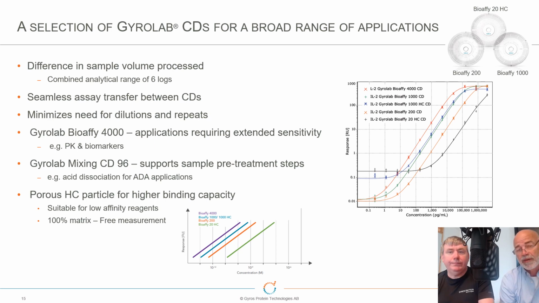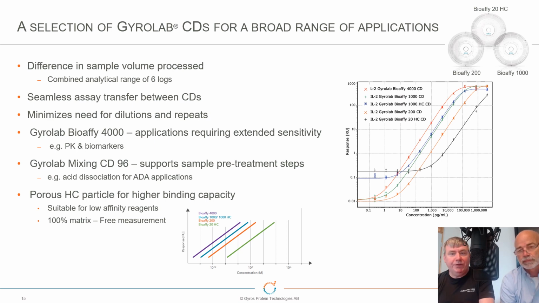We talked a bit about the mixing CD, which is the equivalent of a 200 nanoliter CD, so that would sit in the range where that orange curve is down below. And with just changing the sample volume, you shift the analytical range of the assay from left to right as you increase the sample volume with the same 15 nanoliter affinity capture column.